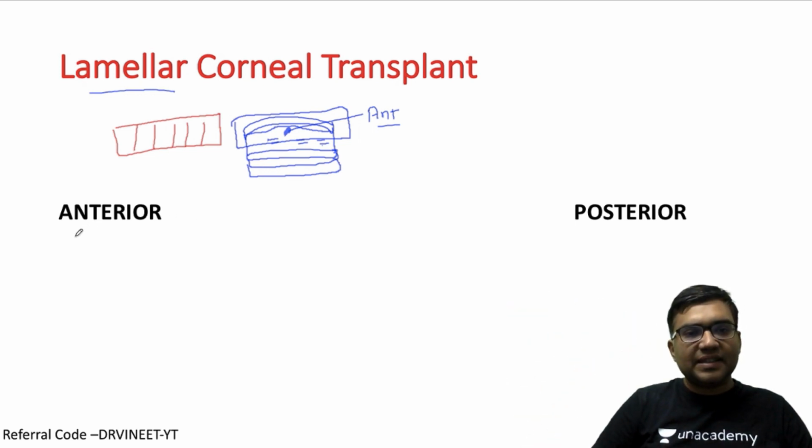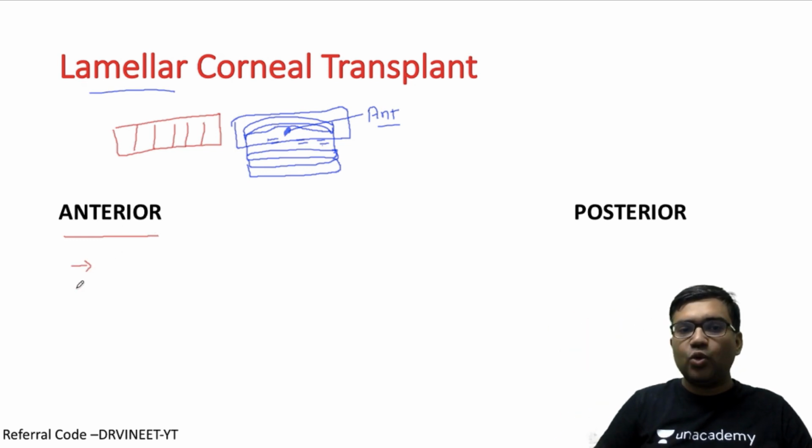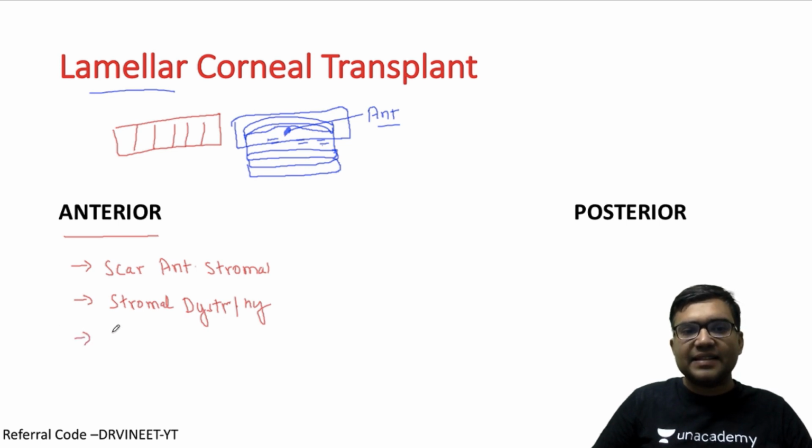Sometimes they ask where we do this surgery, the anterior lamellar corneal transplant. So when the scar is there in the anterior stromal region, or the second indication is, let's say there is a stromal dystrophy, or let's say the patient has keratoconus.